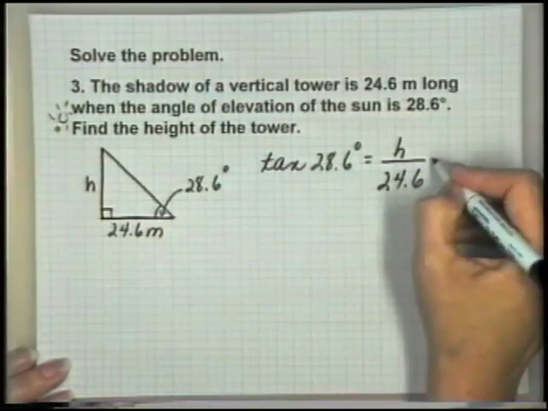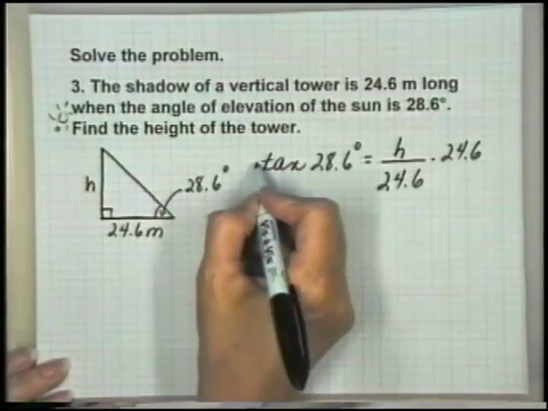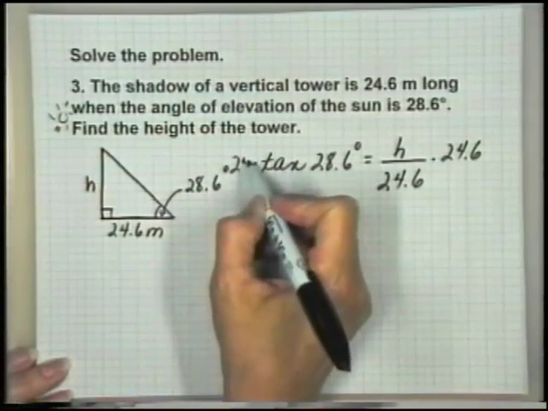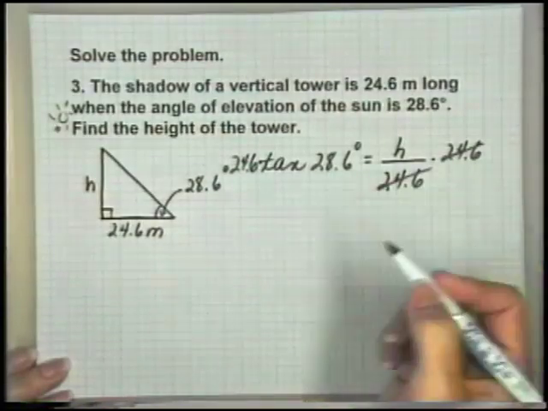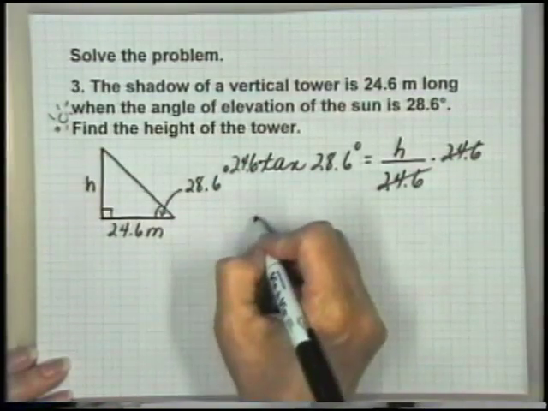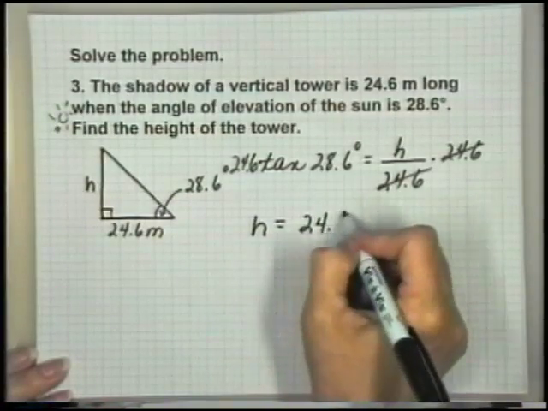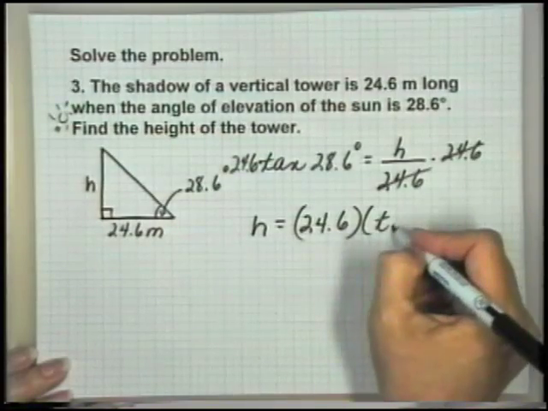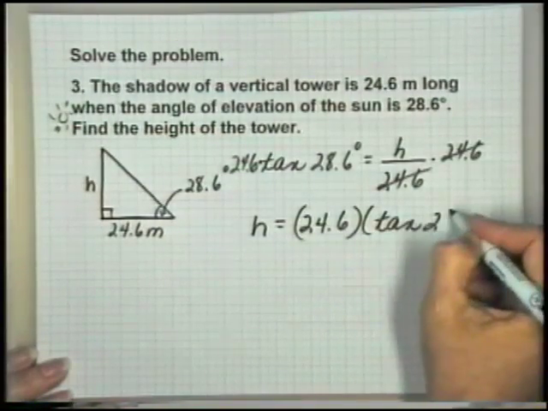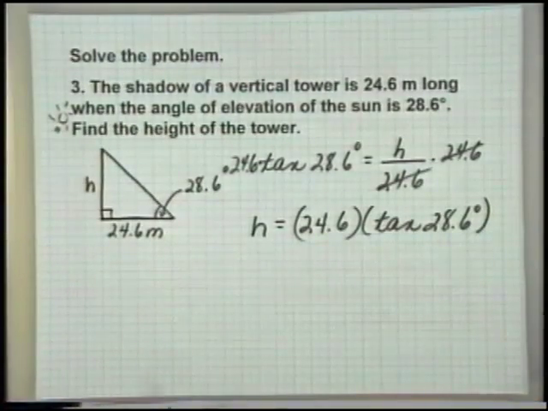We'll solve this equation for h by multiplying both sides of the equation by 24.6. Those will divide out. We're left with h equals 24.6, and I think I'll use parentheses, times the tangent of 28.6 degrees.